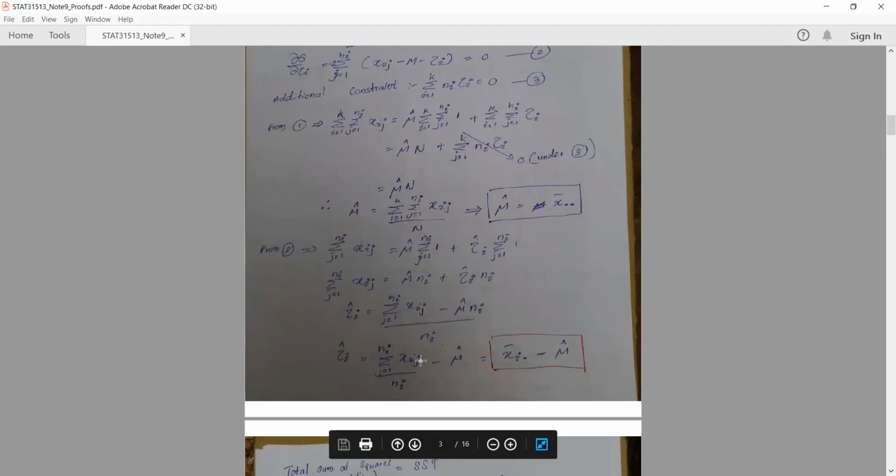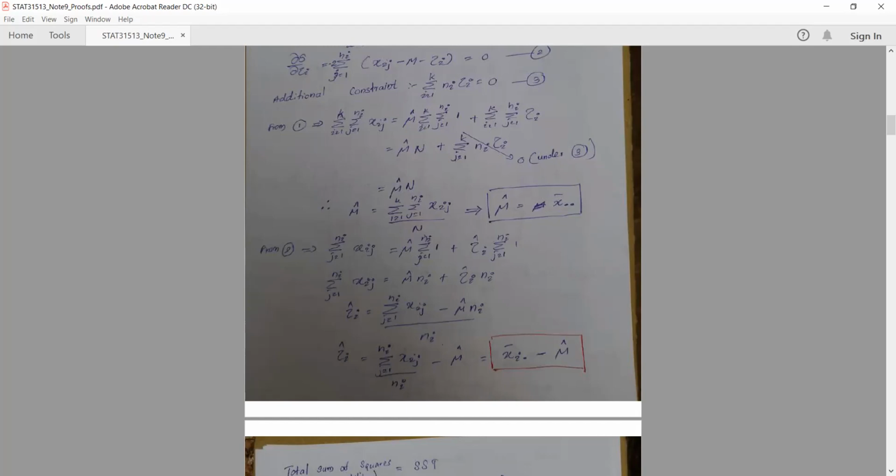That is, you are taking the total of all the observations under treatment I and dividing it by the total number of observations under treatment I, which is equal to the mean of treatment I, which we can denote by xi dot bar. So you can see tau I hat is equal to xi dot bar minus mu hat.